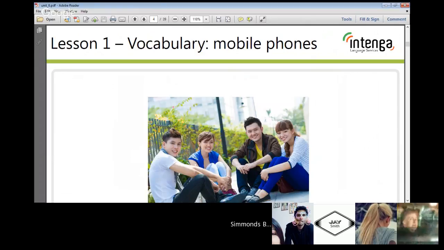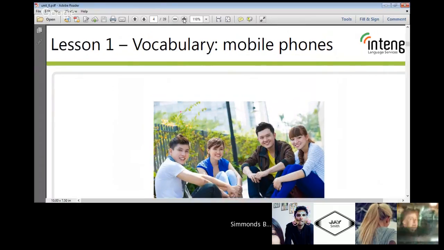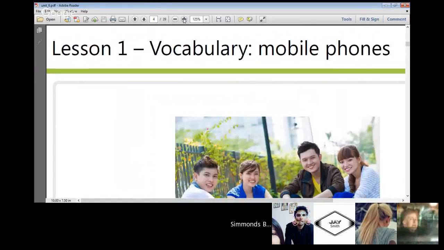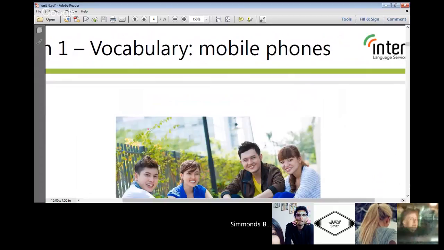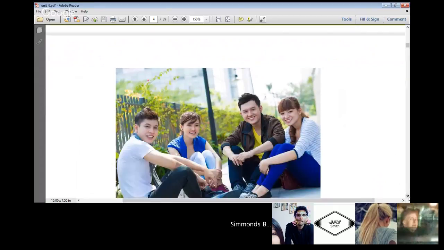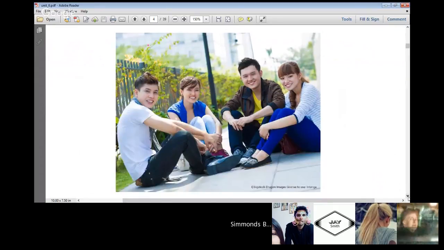Another one you might notice: we can't tell where her eyebrows are. I don't see her eyebrows. The one over here. Let me try and make this bigger. I'm bad at technology, so that's part of the problem here.